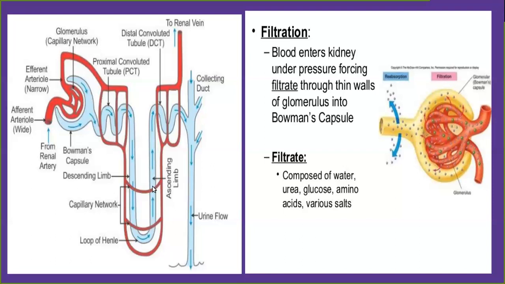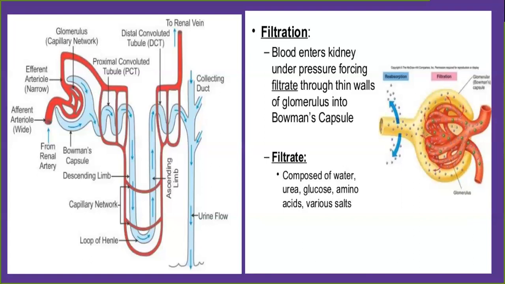The reabsorbed useful substances, the glucose, amino acids, etc., are reabsorbed into the capillaries and finally enter into the renal vein. Is it clear? This is the function of the nephron. I hope you have understood the structure and function of the nephron. This is the way in which urine formation occurs in the human body.